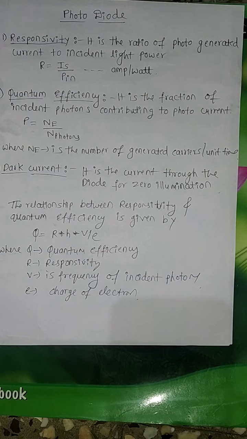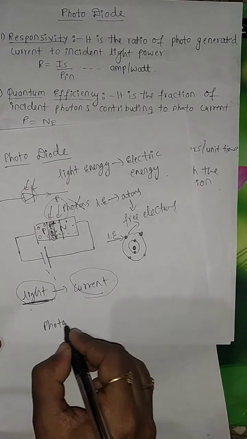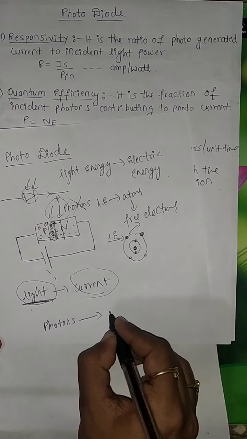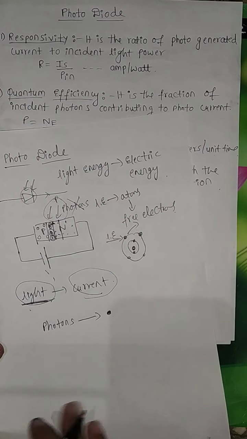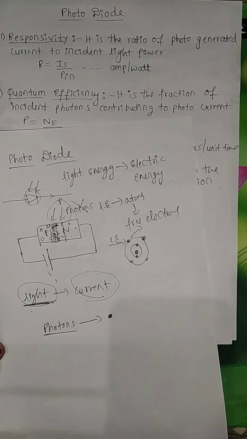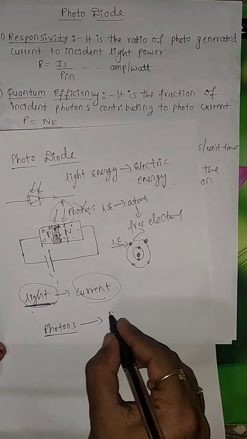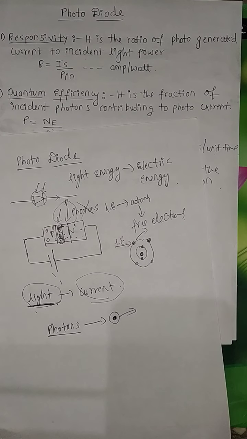I told you, when photons are incident on the atom, they generate free electrons, isn't it? So this is the photons, how much you are incidenting, how much photons are contributing, and due to that how many generated carriers are created.